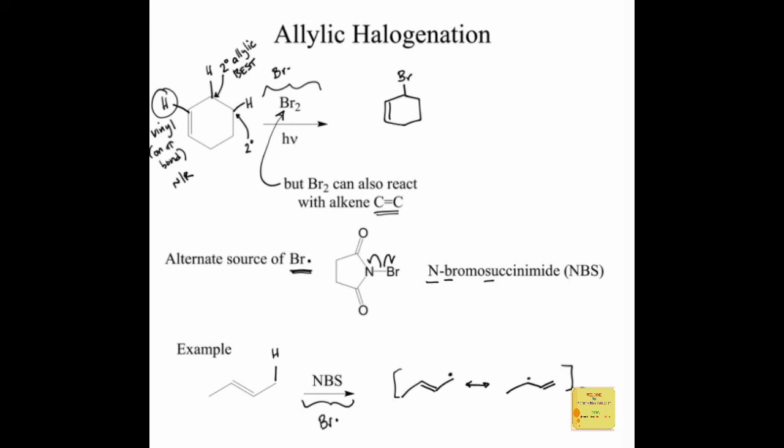Because we have this resonance stabilized radical intermediate, when this now reacts with Br2 to do a bromine atom abstraction, it has two different sites at which it can react and add the bromine. So in fact, we're going to get two possible products here due to this allylic radical intermediate.